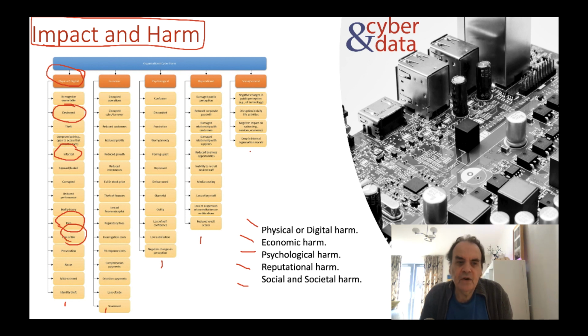So if it was a hospital system and a cyber attack took down the electrical power supply for the hospital, it could cause a loss of life, mistreatment, and so on. In terms of economic impact, it's often quite difficult to understand how an impact of a cybersecurity threat could impact a company economically.